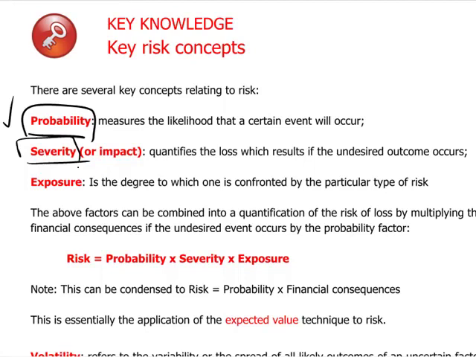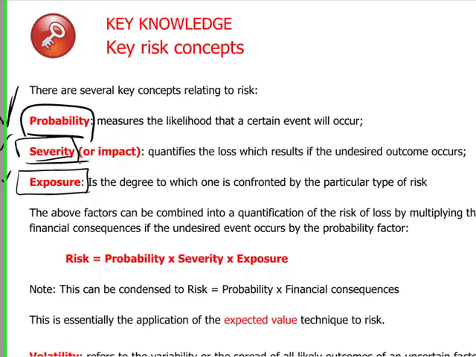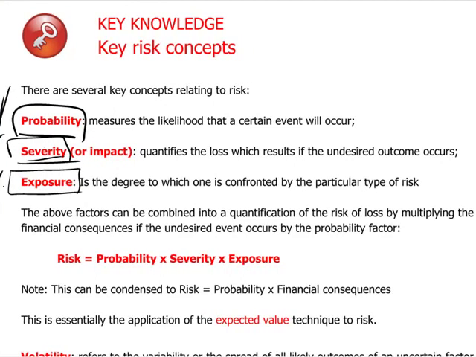Also, another dimension of risk is to understand how broadly or how narrowly we are exposed to it. So if there was a reasonably high probability of an event occurring, and if it were to occur, its severity in and of itself would be quite high, but we've elected to organize our affairs in such a way that our exposure is very low against this medium probability, high severity type of risk, then of course we've already taken steps to be able to cushion its impact on us.